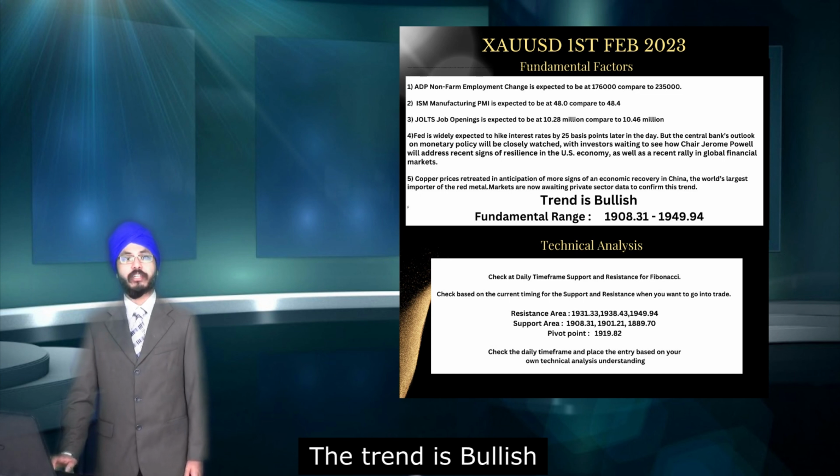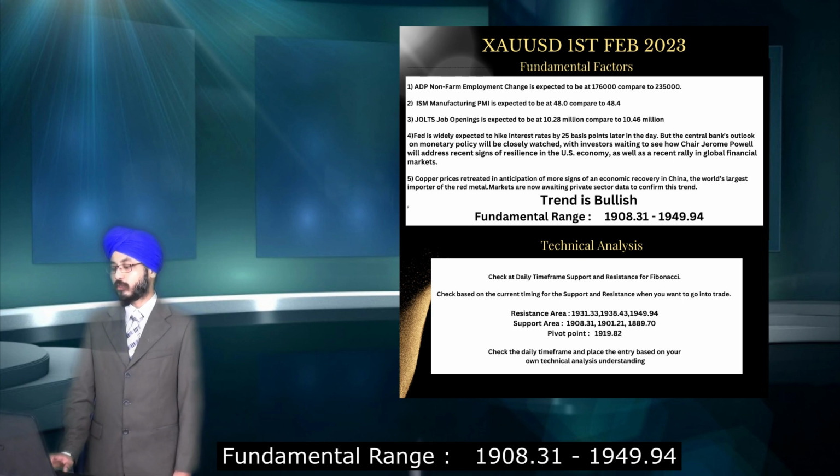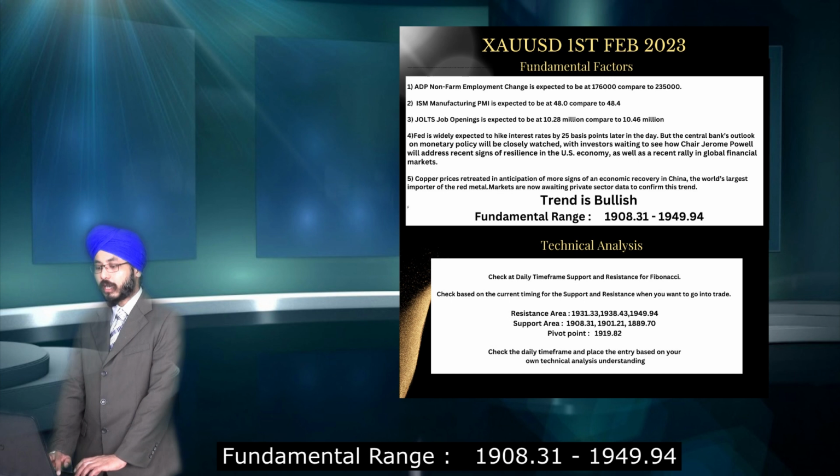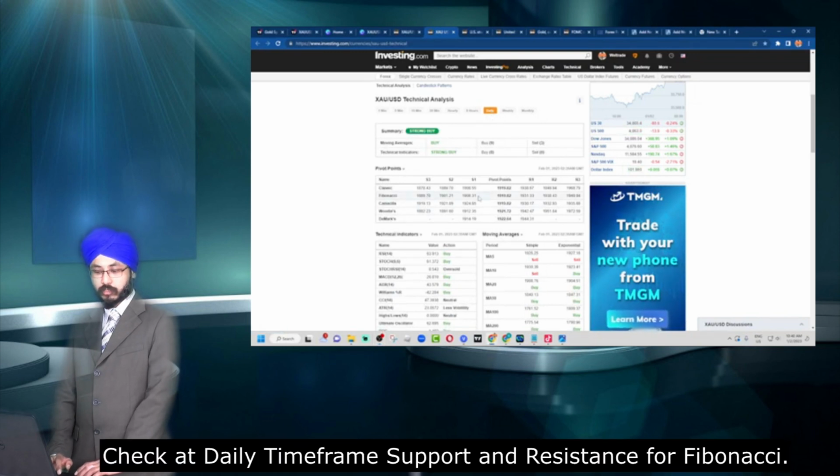The fundamental range that we're looking at is between 1908.31 to 1949.94. Moving forward with the technical analysis, as we can see here at the daily, we have 3 support points and 3 resistance points, based on Fibonacci.